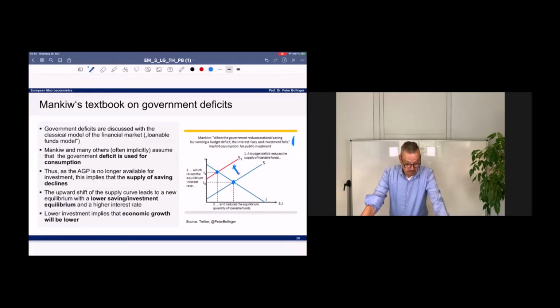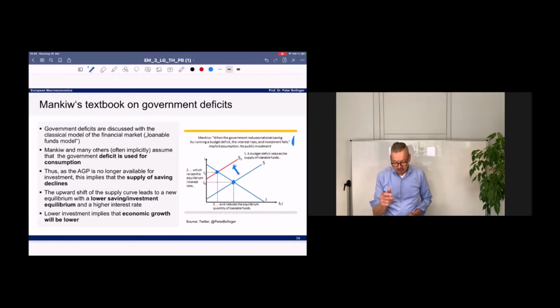And yes, the core philosophy of the Stability and Growth Pact is more or less balanced budgets, no government deficits. What is now interesting is that even within the framework of this classical model, you can show that such a negative outcome, that budget deficits lead to less investment, is absolutely unnecessary.